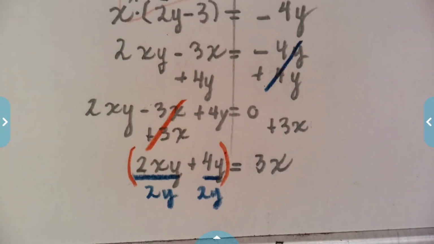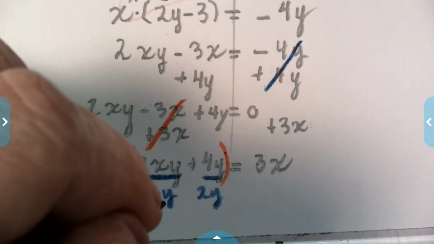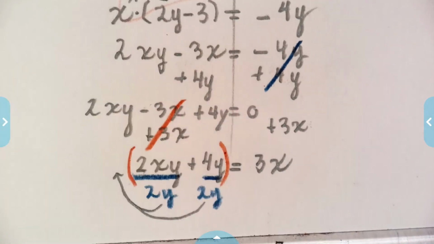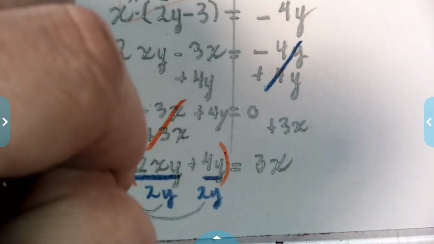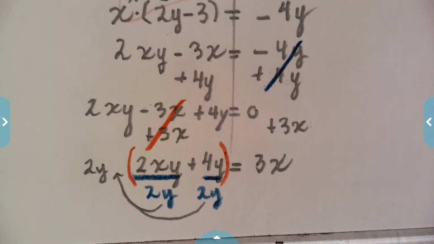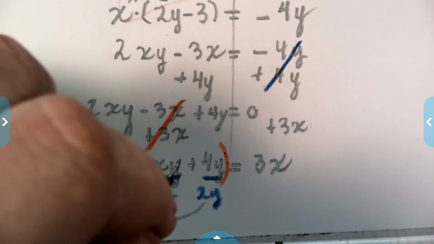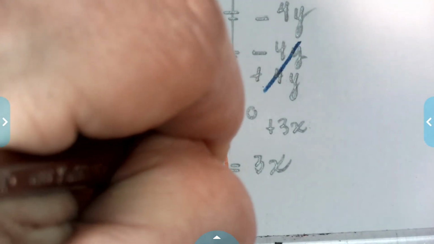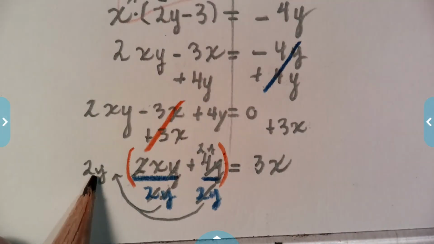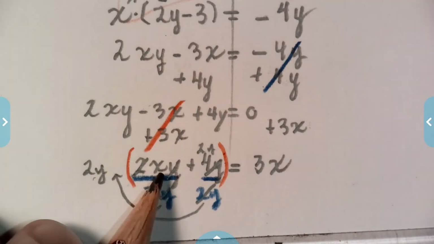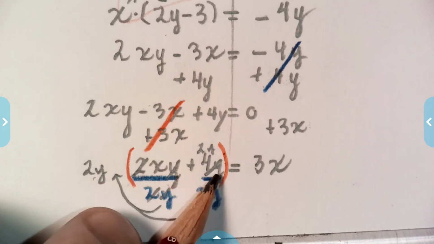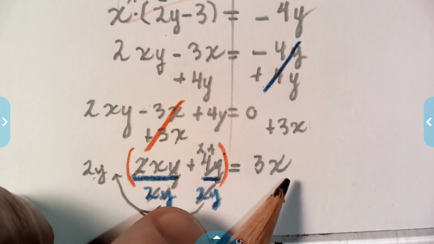So that 2y is going to move out here, and I will have canceled the 2 and the y, and this term right here will just be 2y. So it's going to be 2y, and then inside I'll have an x by itself plus 2y, and then over here 3x.